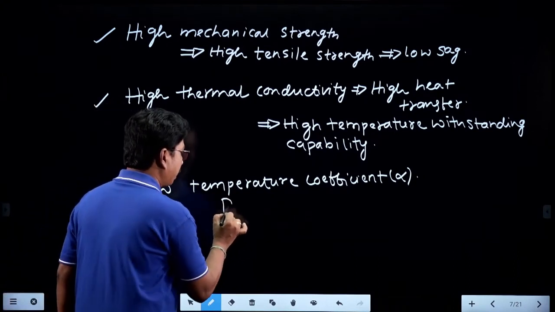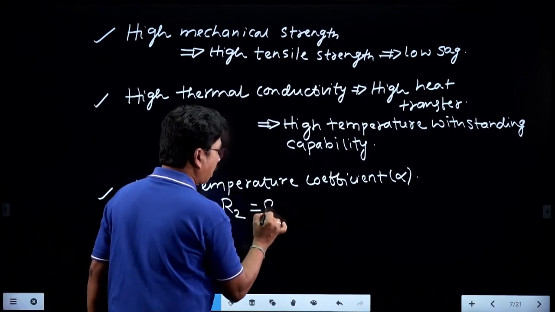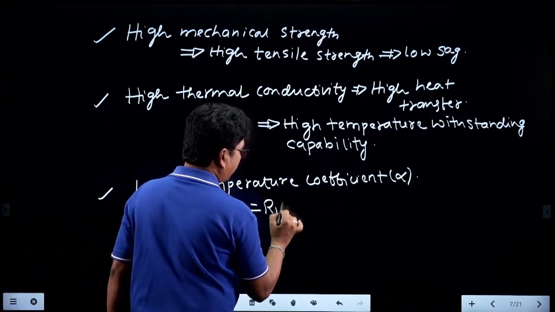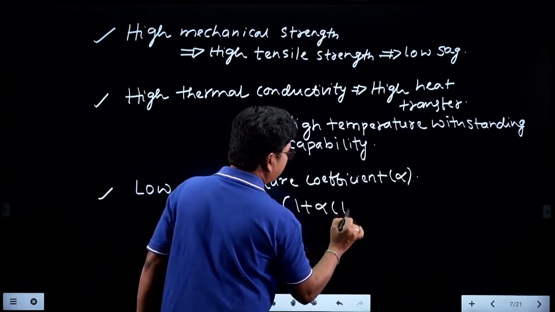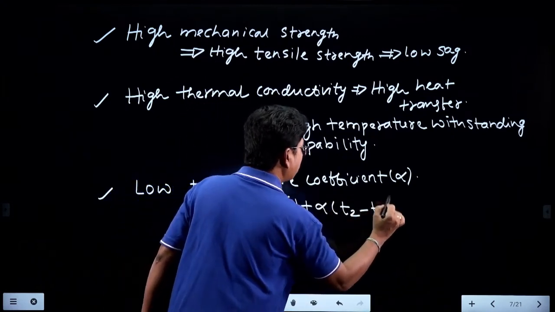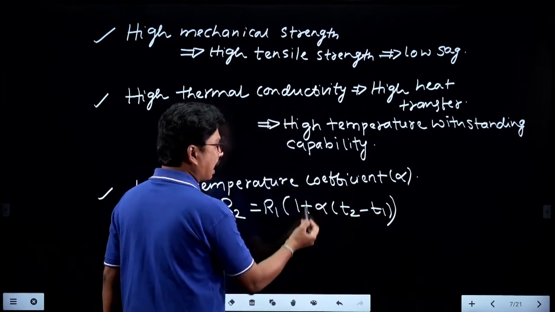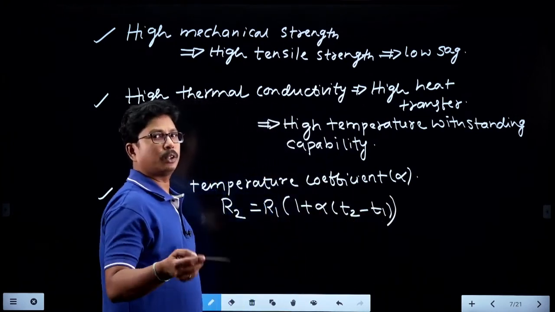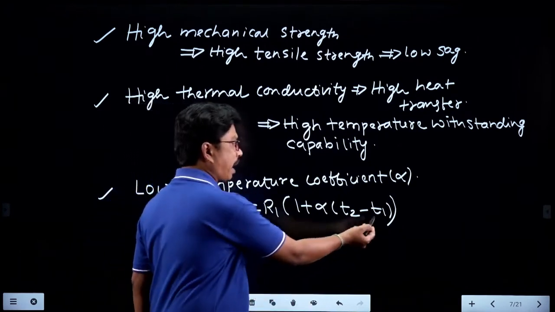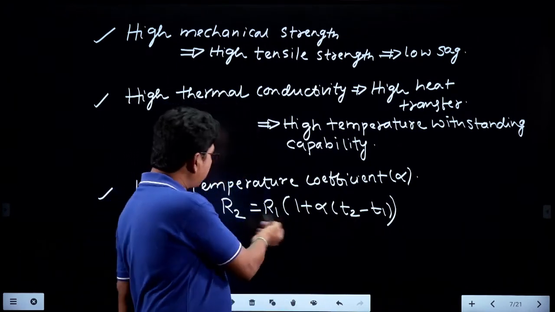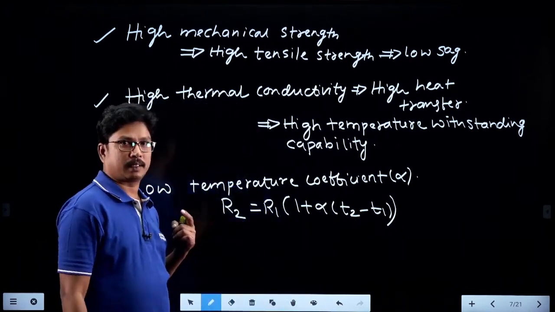So we can take resistance R2 equals R1 into (1 plus alpha into (T2 minus T1)). Whenever alpha is very, very small, like 0.001, even if you have more temperature variation, the resistance variation will be very, very less.